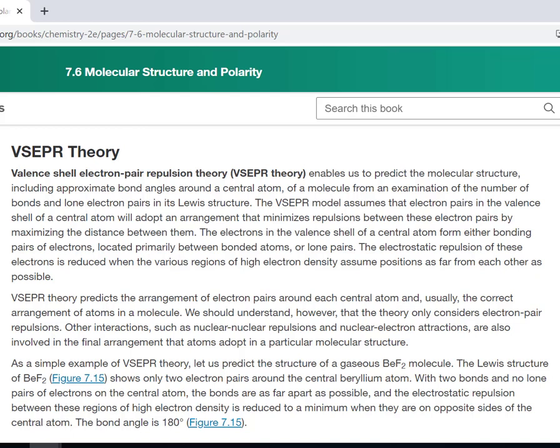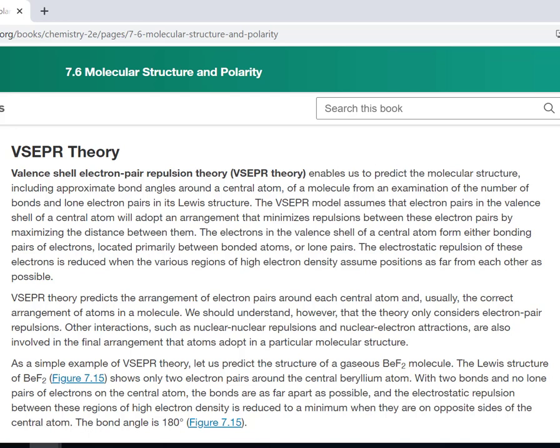And then the other big words are our repulsion theory. The idea is that to have the best approximation of the shape of a molecule, we want to take all of those electron pairs and separate them as much as possible. We want to get the electron pairs that we're showing in a Lewis structure as far apart from each other as we can. And if we do that, then we have legitimately predicted the shape for the molecule.